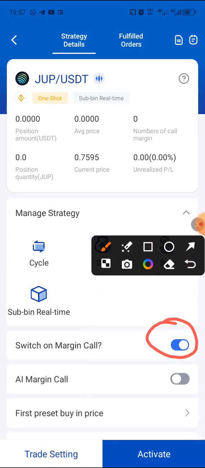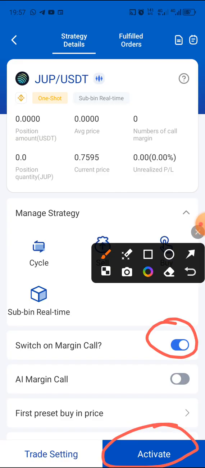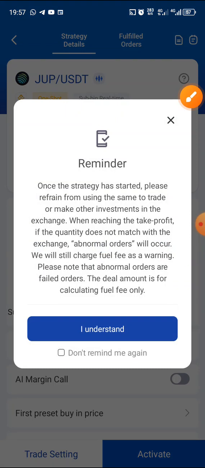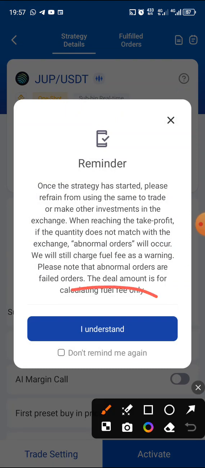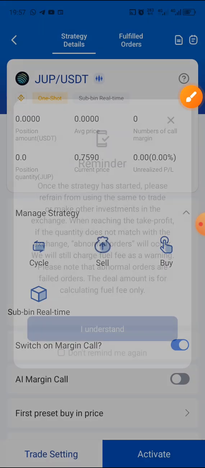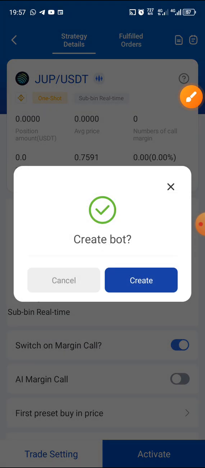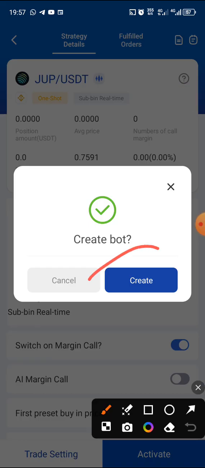After there, come here, click on activate, click I understand. Again, click create.